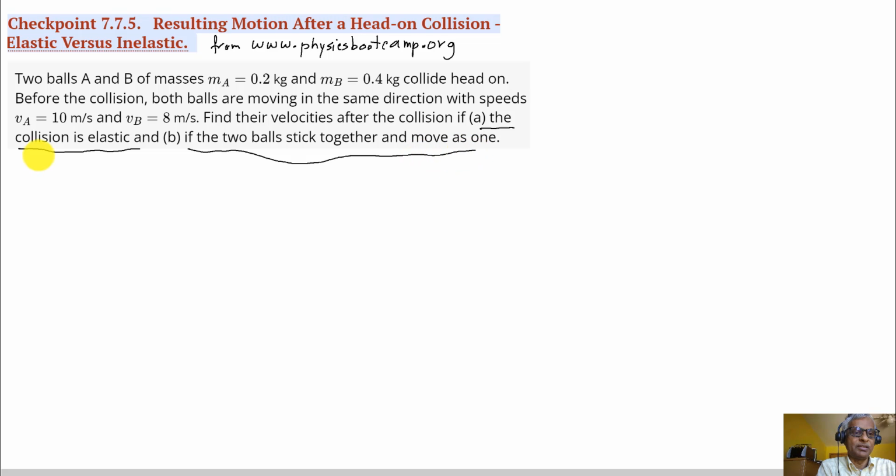So we should call it perfectly elastic. Sometimes when we say elastic, we mean it's perfect. And when things stick together, we sometimes call it perfectly inelastic.